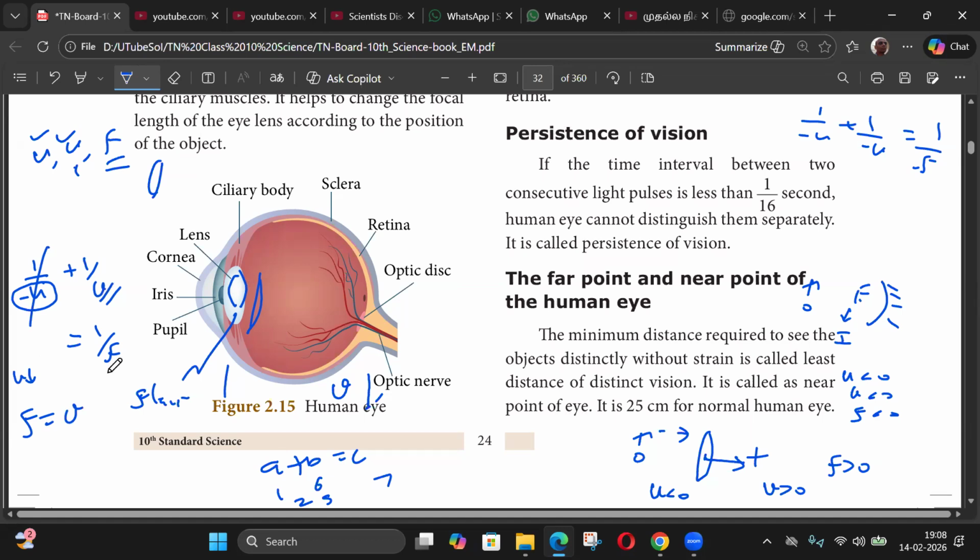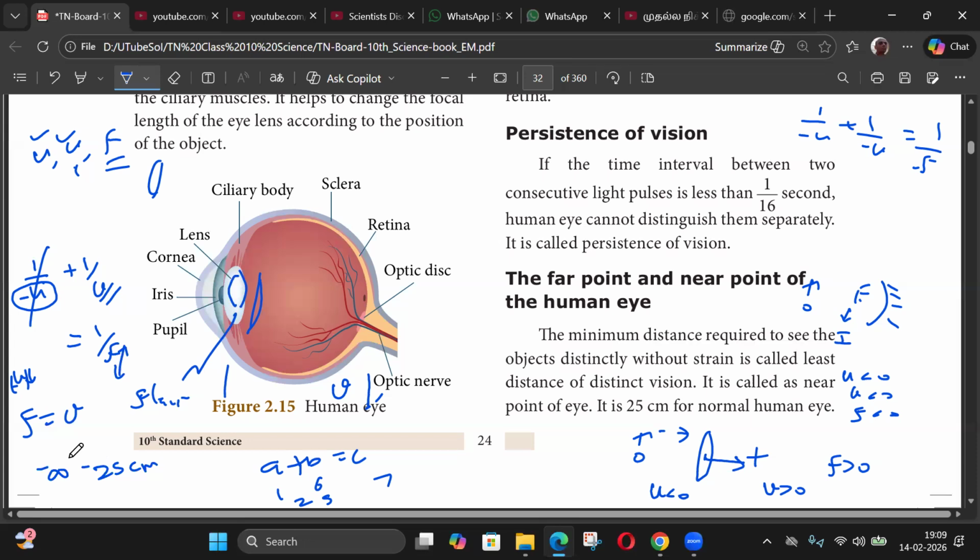Decrease U means decrease minus U, because the positive quantity is minus U, since U is negative; it is the object distance. So the eye can adjust. This adjustment of the focal length has some limitations, right? It can adjust to see objects from infinity to 25 centimeters with a minus sign. That is the normal eye.